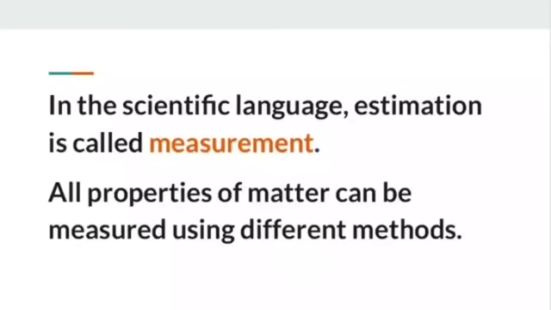And similarly, how far your school is from your house is estimated by your parents. And after that, they can decide how to send you to school, by bus or by bicycle or by walking. So this estimation of things is called measurement.